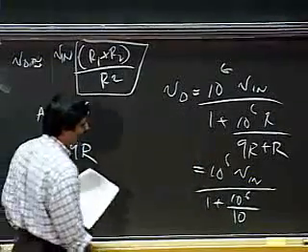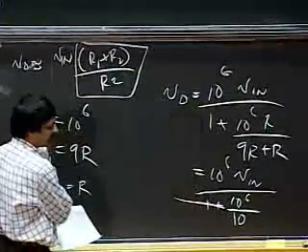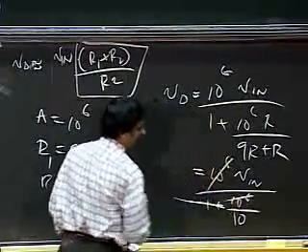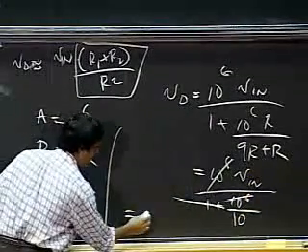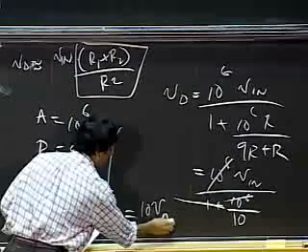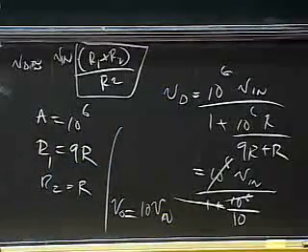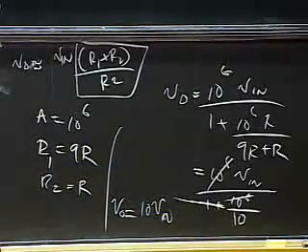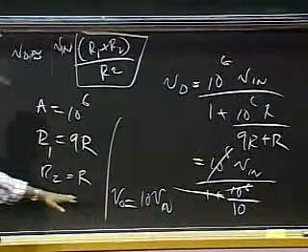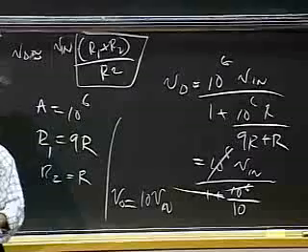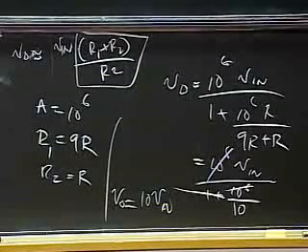So if I ignore the 1 here, the 10 to the 6th and 10 to the 6th cancel out. This ends up giving me 10 V in. So I get a really nice amplifier whose output is simply 10 times the input and determined solely by some resistor values.